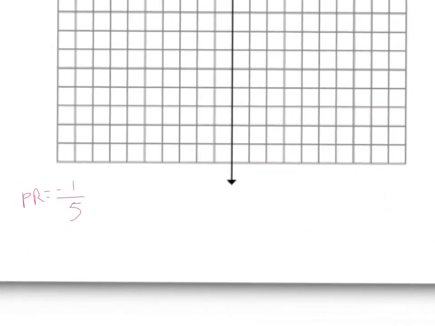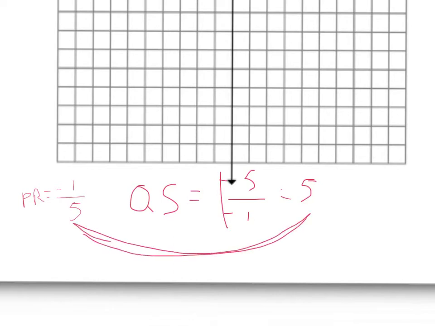QS is -5 over -1, or 5. If you look at these two slopes between those two lines, that is an opposite reciprocal. You flip it over and change the sign, so it is a rhombus.